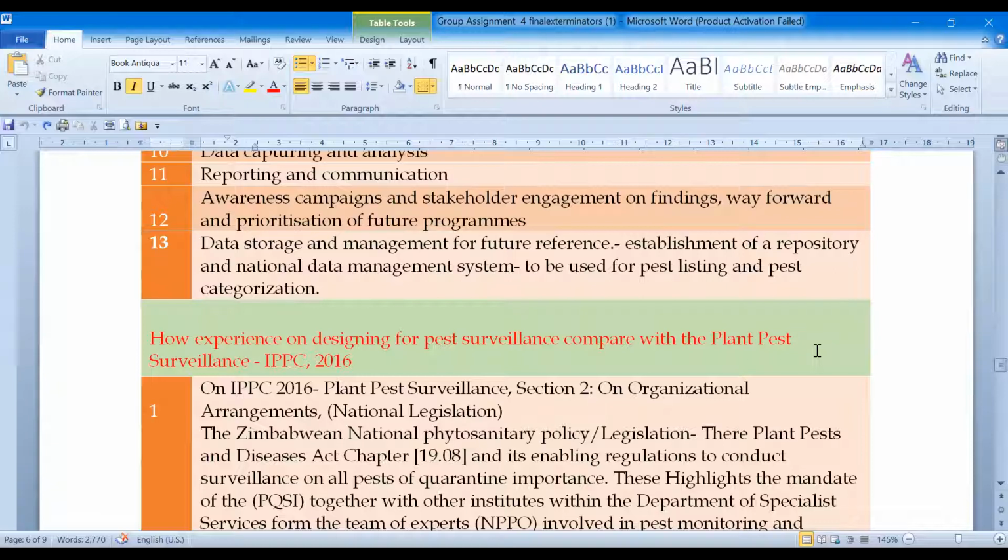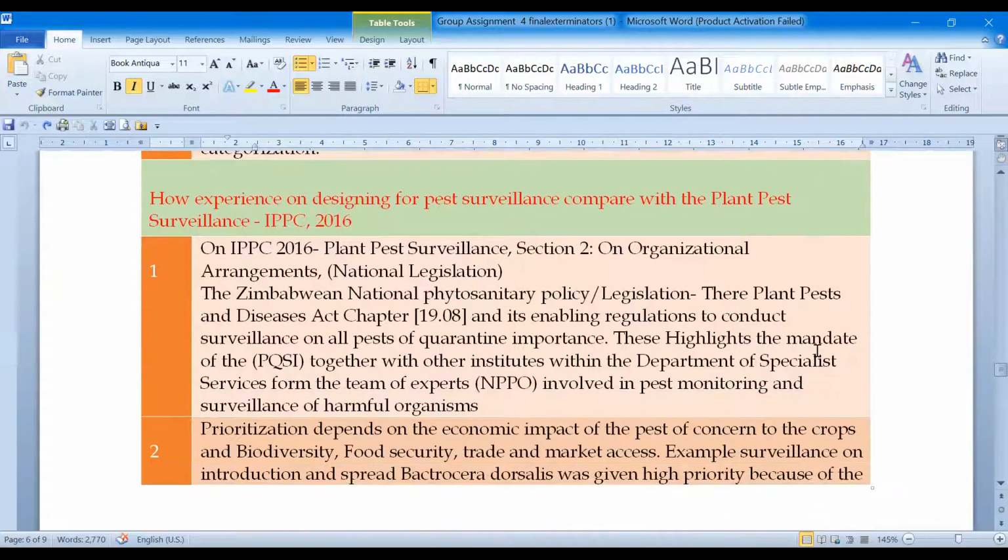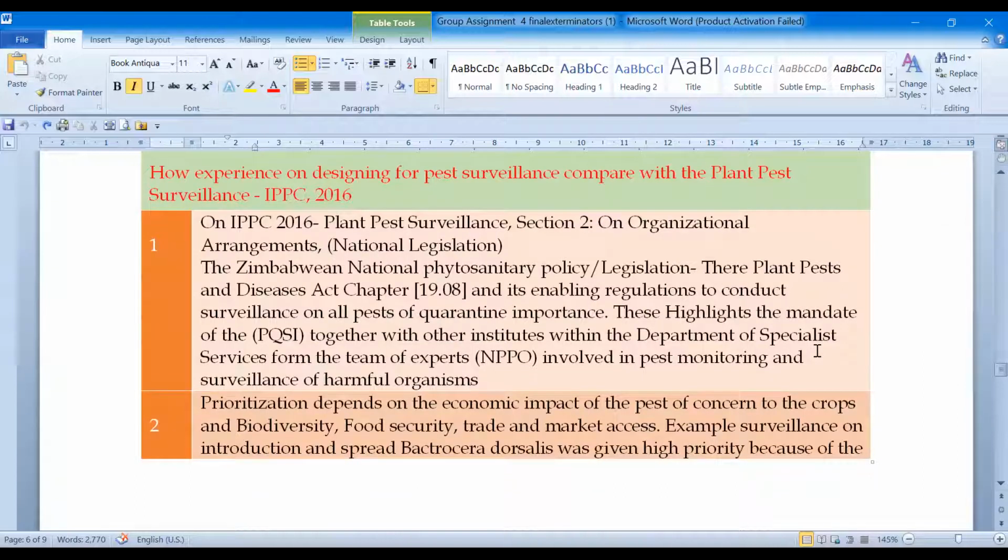And then how do the guidelines differ or are similar to their own? On the IPPC 2016 guidelines, they follow the plant pest surveillance section 2 on organizational arrangement into the national legislation. As I talked about earlier, they use the plant protection policy.